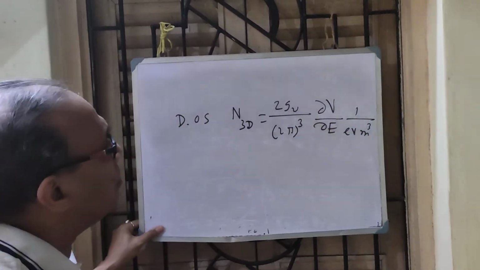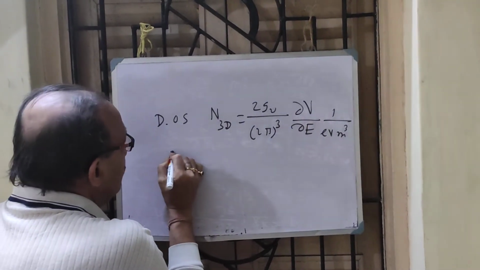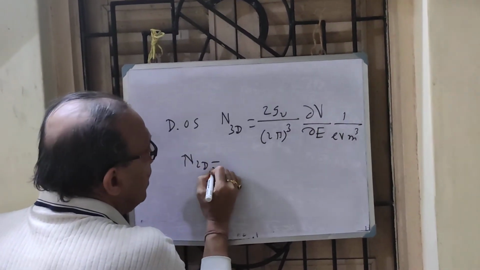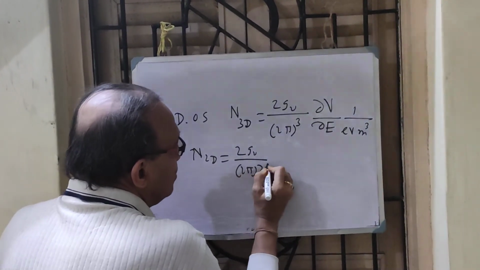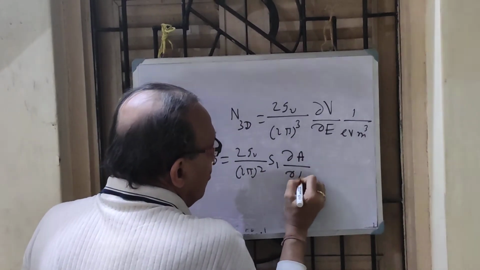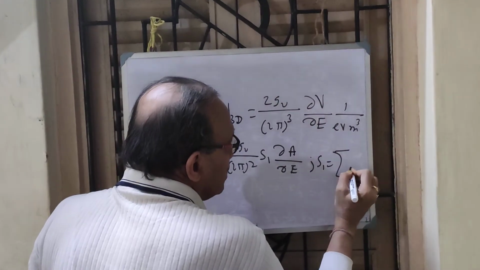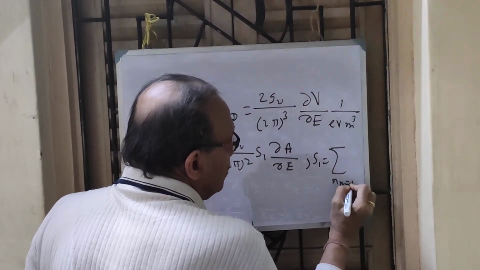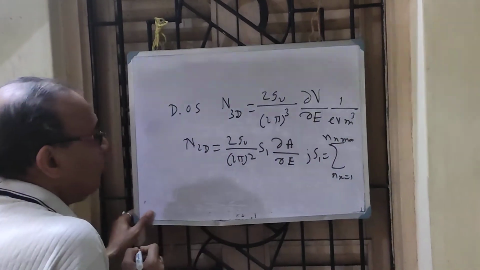V is the constant energy volume of K space. Density of state in 2D is simply 2 gv by 2 pi whole square S1 dA by dE, where S1 equals sum over nx equal to 1 to nx max. That is what you are going to get in quantum well.